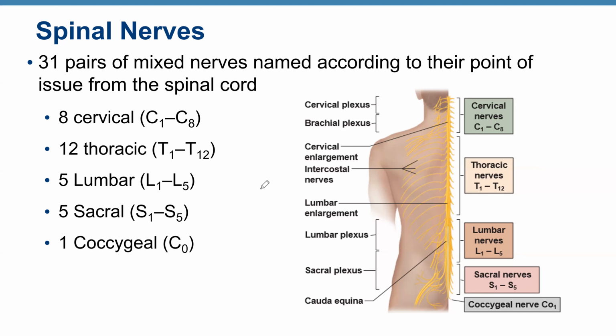So we have 31 segments, and on both sides we have nerves, right? 1 pair of nerves branching from each segment.